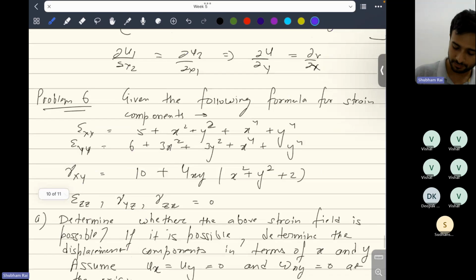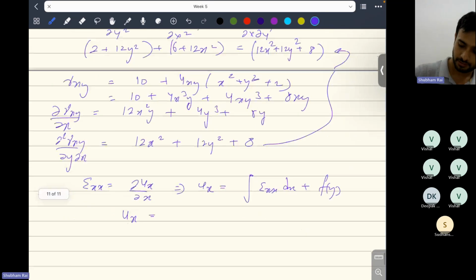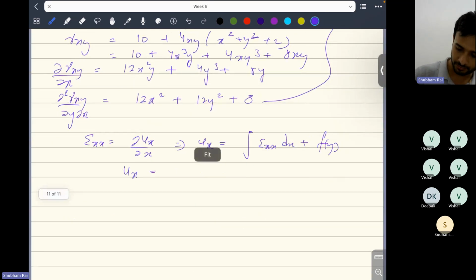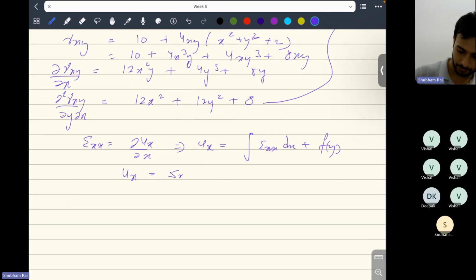This will be 5x plus x³/3 plus y²x plus x⁵/5 plus y⁴x. So I'm just writing here 5x plus y²x plus x⁵/5 plus y⁴x plus f(y) will be there.